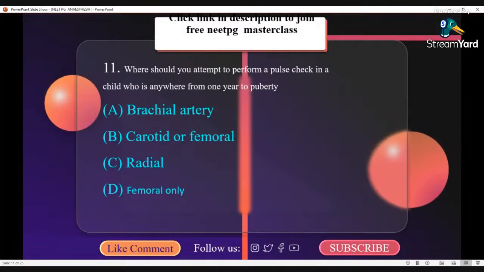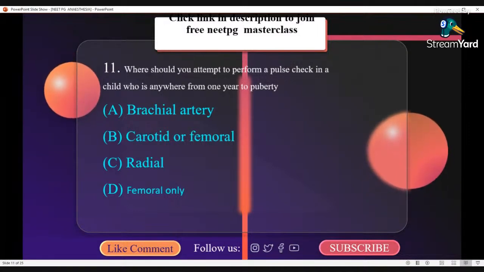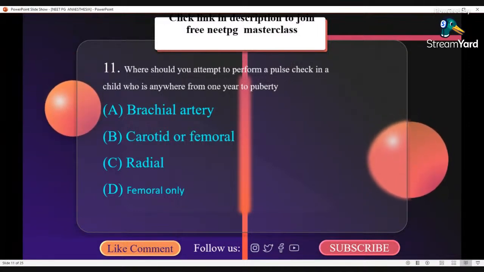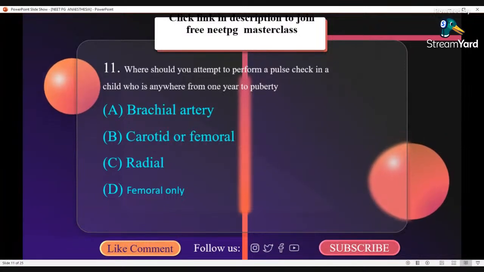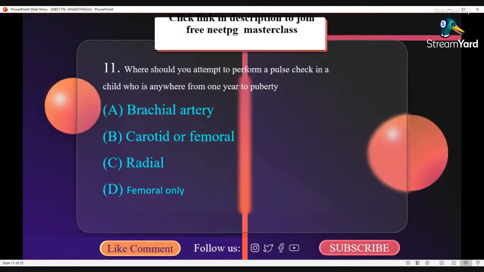Where should you attempt to perform a pulse check in a child who is anywhere from 1 year to puberty? B. Carotid or femoral. Now, in infants who are less than 1 year, we use the brachial artery.